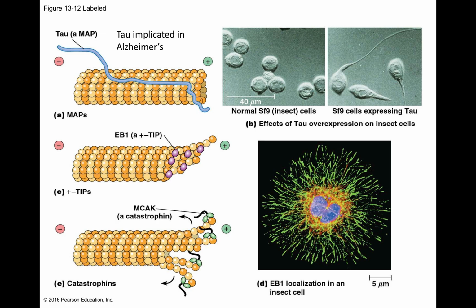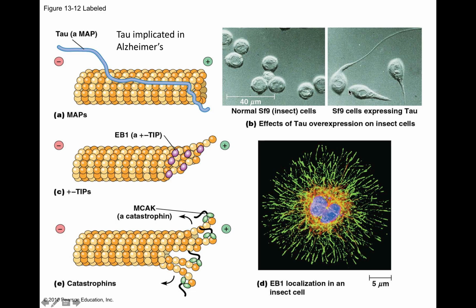Taus help microtubules space apart from one another, which is also really important in neuron function. And taus have been implicated in Alzheimer's disease and Parkinson's disease because it forms these giant oligomerizations of phosphorylated versions of this protein called tau tangles that are characteristic of people who suffer from these diseases in their central nervous system.